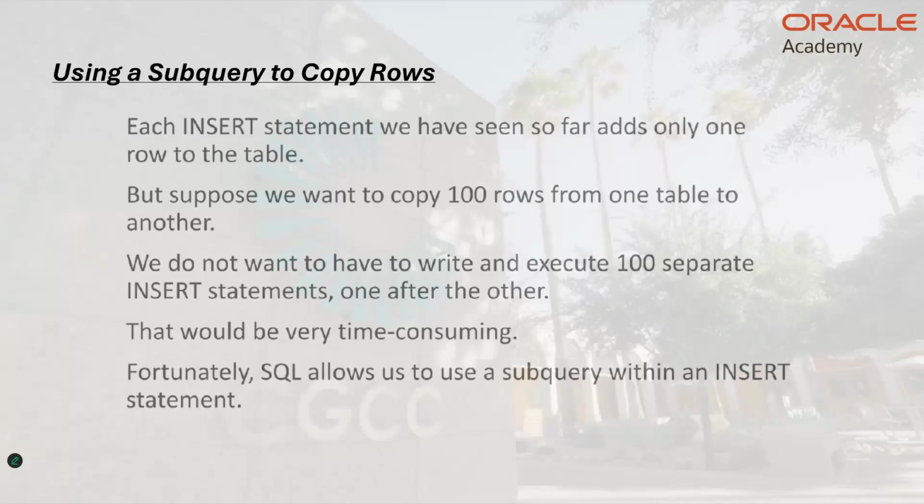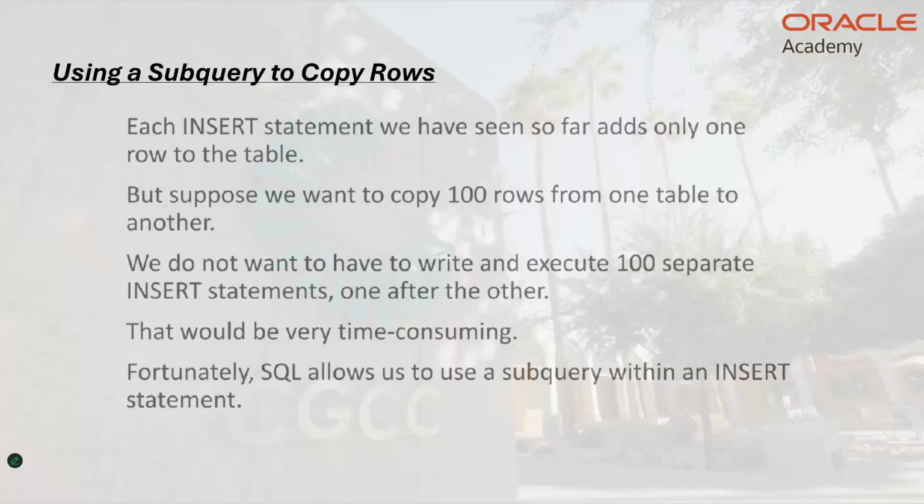All right. So we learned subqueries, so you can use subqueries to copy rows using an insert, and it's pretty cool. We're going to actually do that. In a geeky way, it's cool. Each insert statement we have seen so far has only one row.